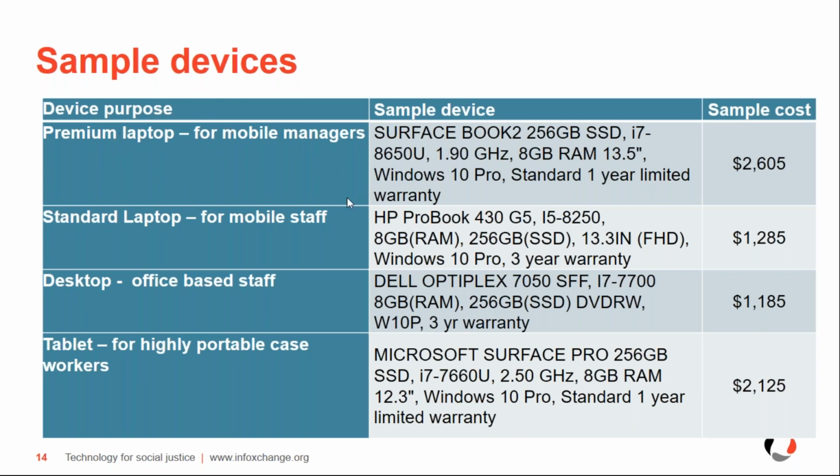This is the Surface Book, a standard laptop for mobile staff, something you could be looking at. Again, the desktop, but I think we've touched enough on this. These are some of the specs that we think are fitting for these particular roles or individuals in the organisation.